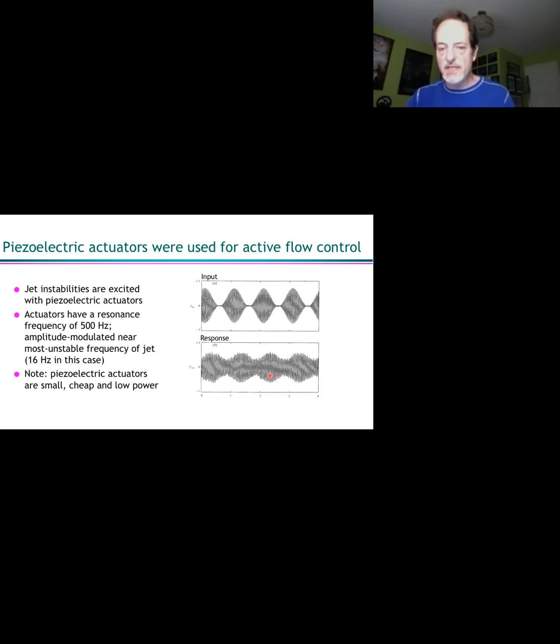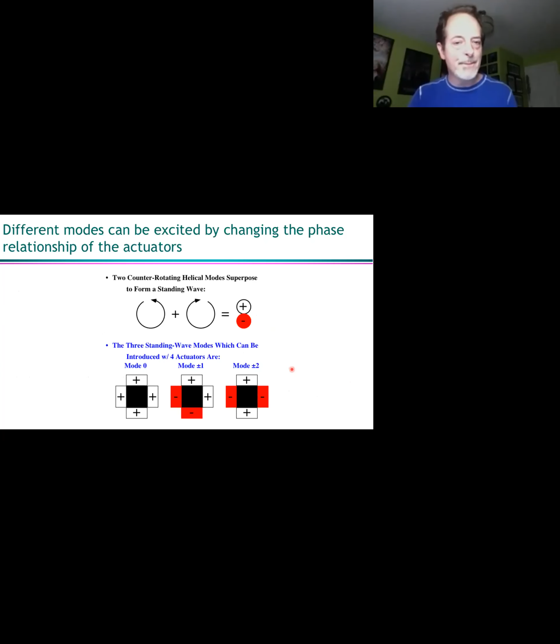Basically we would tune these up, get them in resonance, and then verify that they responded to the modulating signal, which in this case was 16 hertz. The nice thing about these piezoelectric actuators is they were small, cheap, and used very low power. So they're great for a grad student to use, and theoretically they're good for practical applications for those reasons as well.